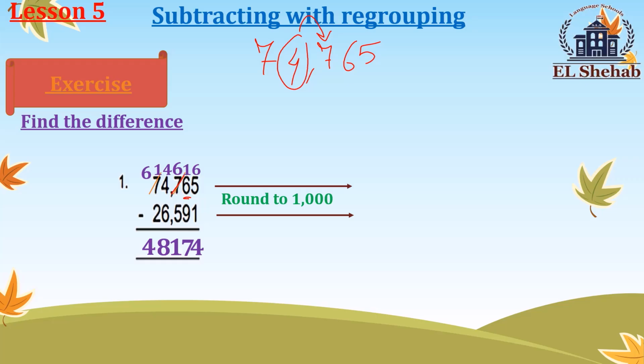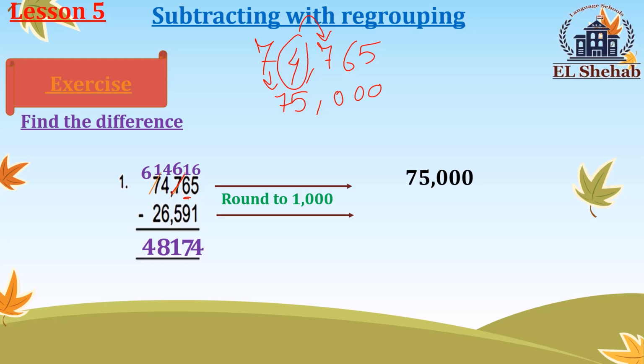The 4 will be 5. Numbers behind it are 0 is your name. Numbers in the front stay the same. Hope you remember it. So it will be 75,000.